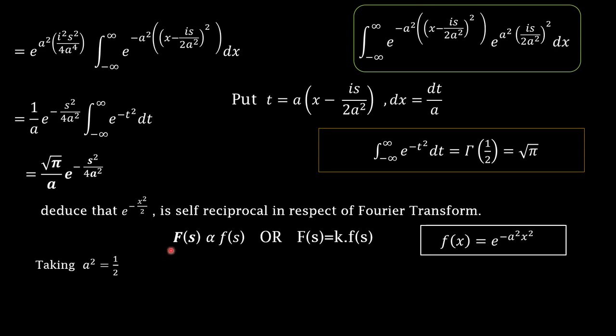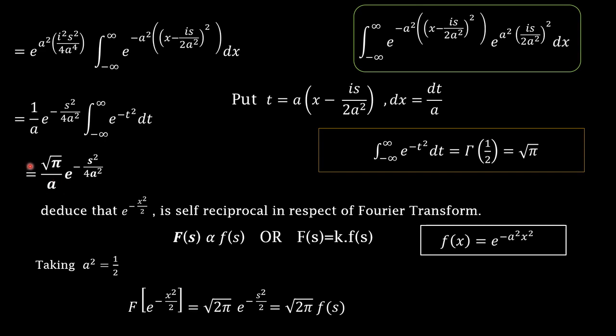Okay, I am just substituting a square is equal to 1 by 2. Therefore, the Fourier transform of the function e to the power minus x square by 2 will be equal to, a square is equal to 1 by 2 is nothing but a is equal to, I am just taking the positive square root itself, that is 1 by root 2, right? So, substituting a as 1 by root 2.